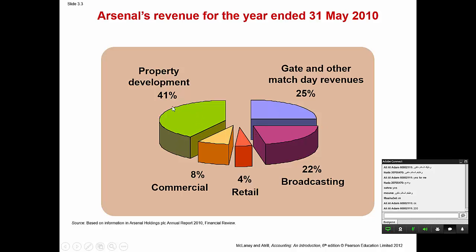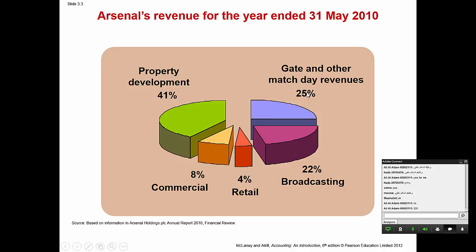For example, they have 41% from property development, for example, like renting their facilities. If they have clubs or facilities, they develop these facilities and try to rent them.